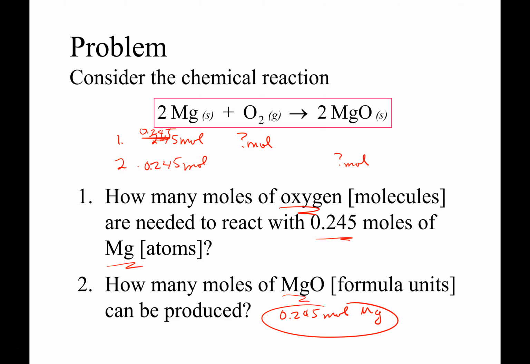Okay, so again, stoichiometric calculations are simply, we have a quantity, in this case, of magnesium. We're supposed to find out the quantity of O2 in the first problem, the quantity of MgO in the second problem. And we're going to use those A through F stoichiometric ratios.